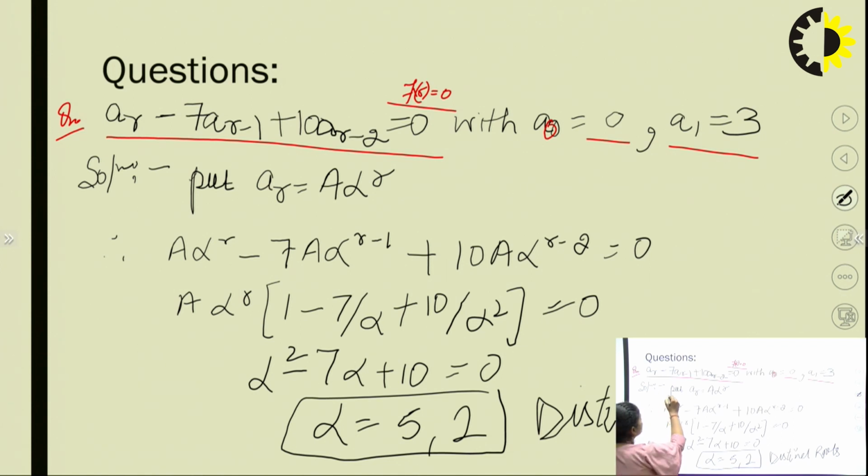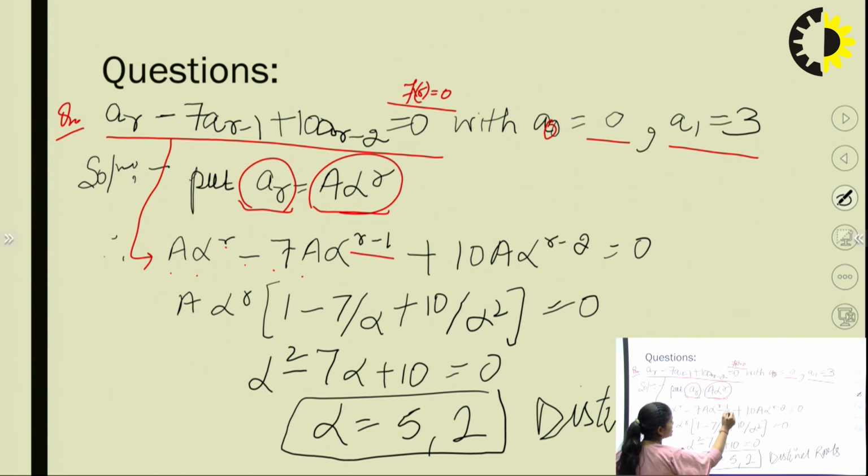First of all, we put a_r equal to A alpha to the power r. In the given equation, when we put A alpha to the power r in place of a_r, the equation becomes A alpha^r minus 7 A alpha^(r-1) plus 10 A alpha^(r-2) equal to 0.